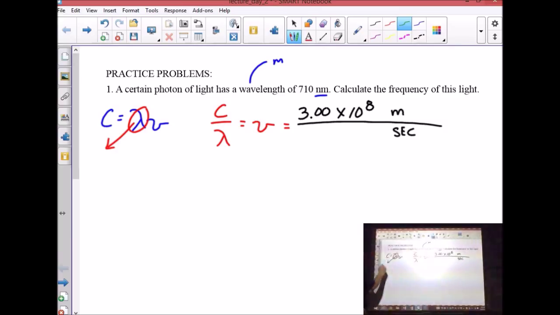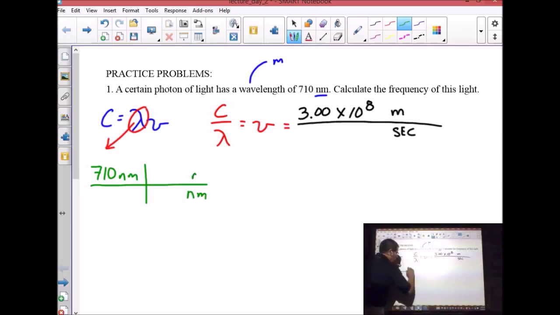Since we have nanometers, we need to change nanometers into meters. So what do we do with the unit nanometer? Move it diagonally. Which one's bigger, meter or nanometer? And how many nanometers are in a meter? 10 to the 9.